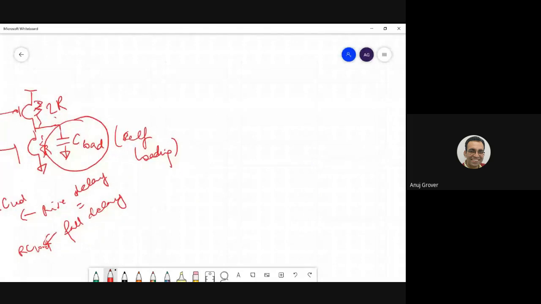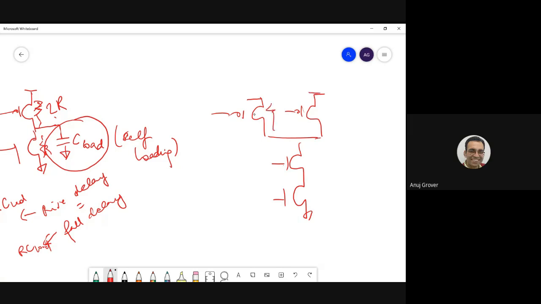So let us say a NAND gate. Series part, you are fine. Now I want to see the contamination delay. So what will I do? I will turn both these PMOSes on. R, R. So my effective R is R by 2 into C load.